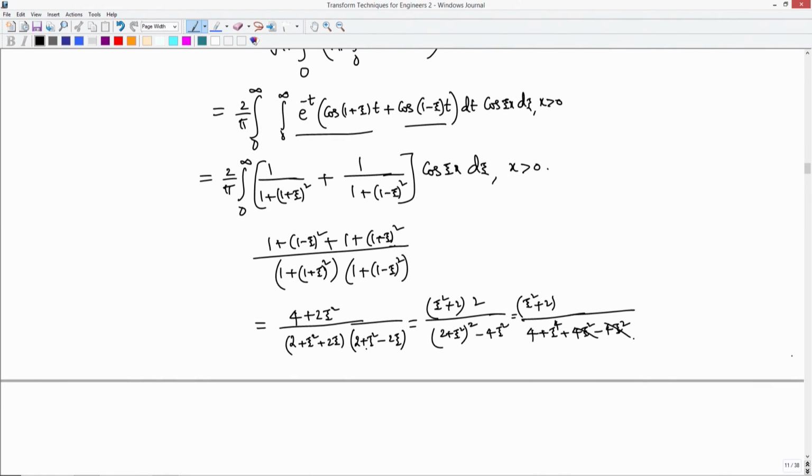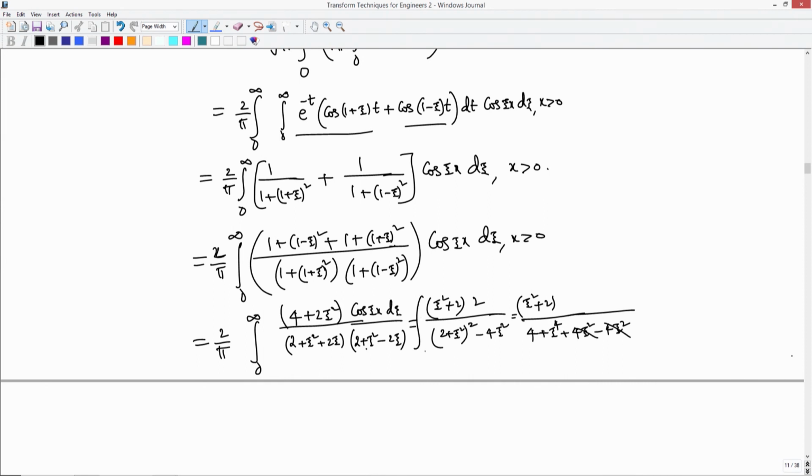So, if you see this one, 2 by pi integral 0 to infinity, this is what it becomes, cos xi x d xi, x positive, and here as well this is equal to 2 by pi integral 0 to infinity cos xi x d xi, and this is actually 2 by pi integral 0 to infinity cos xi x.